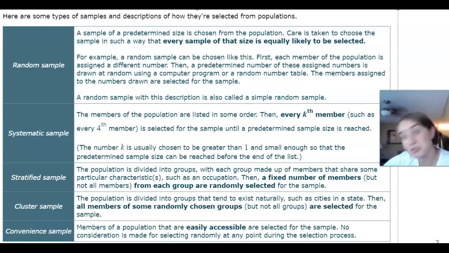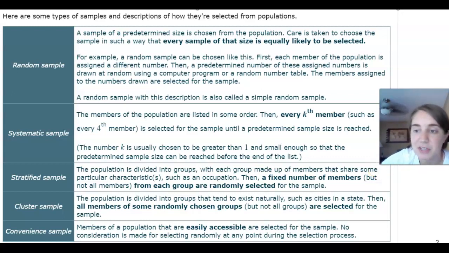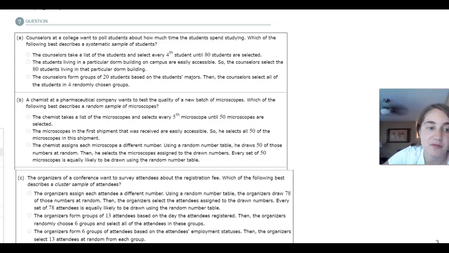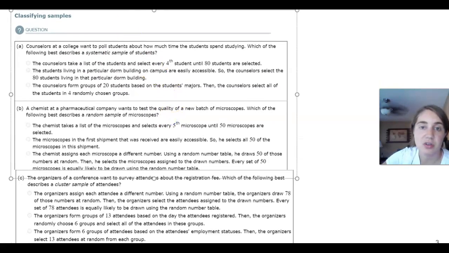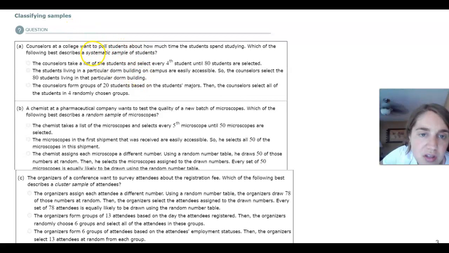Convenient is you just go with whoever's closest to you. So we're going to keep these definitions in mind as we go ahead and answer these. The first question says, counselors at a college want to poll students on how many times a week they study.